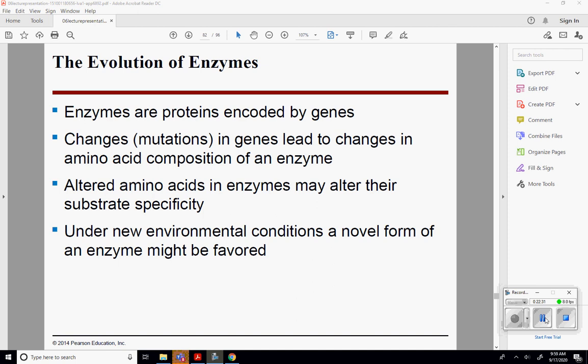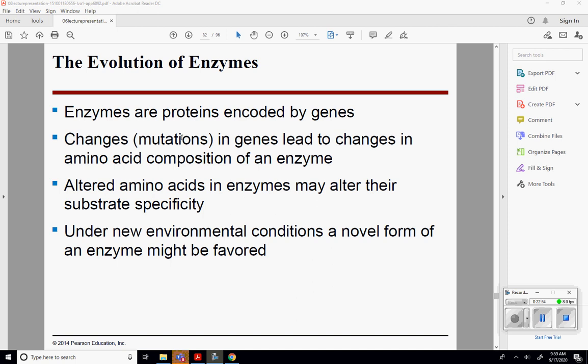That's fine. A couple of other things, tying evolution into this as one of the big ideas. Enzymes are proteins encoded by genes. We've discovered that it's the genes that code for making the proteins, not the other way around.